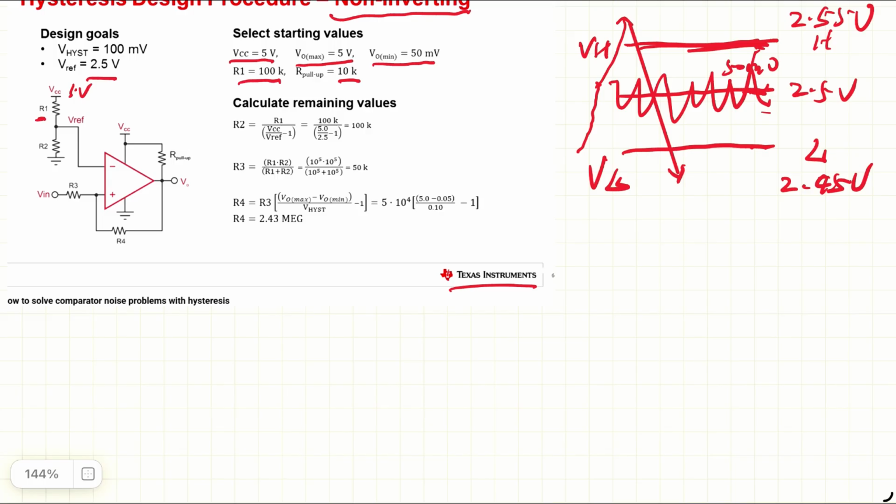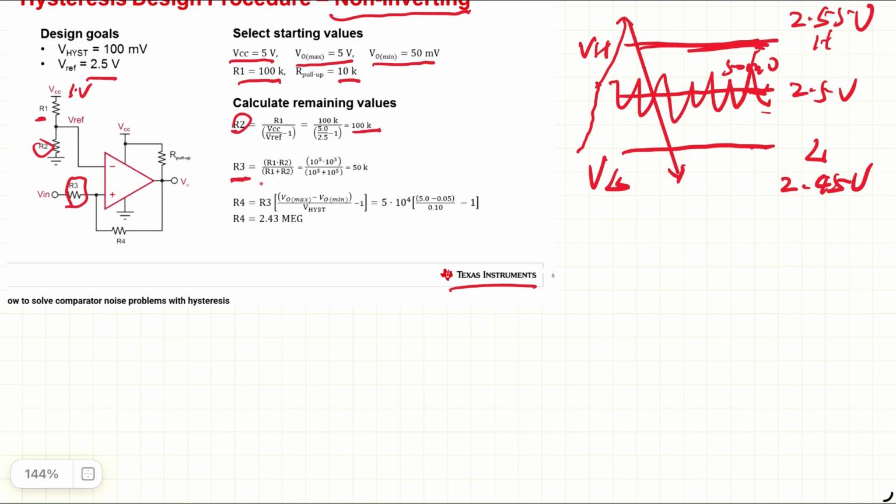So R2 is very simple to choose: just another 100K, so you have a voltage divider. It divides 5 volts by 2, giving 2.5 volts for the reference voltage. That's very straightforward. Then you have R3, which is this input resistor here.